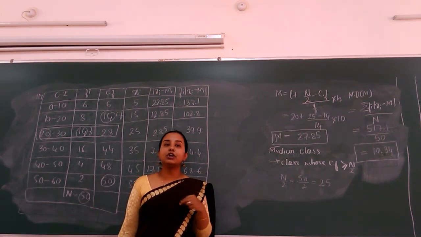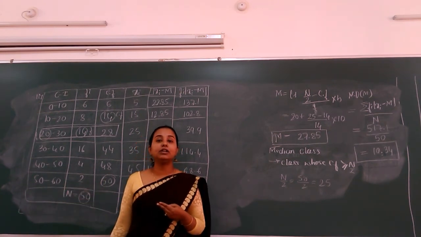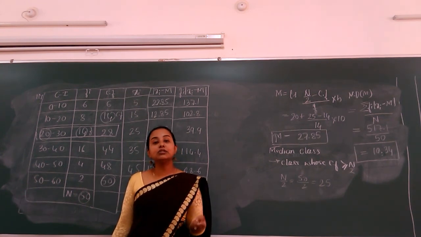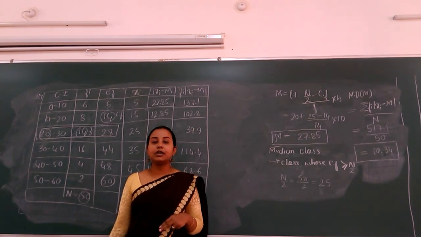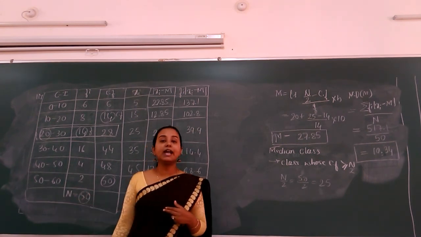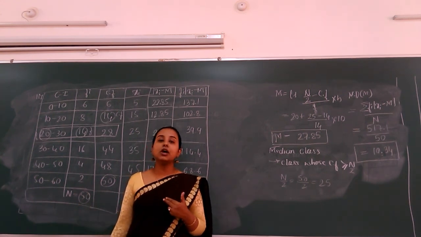The next thing is, in question number 12, we learned how to convert an exclusive data into inclusive data, or how to make our given data into the standard form. So this is all regarding exercise 15.1.